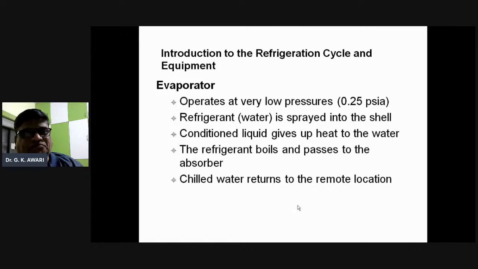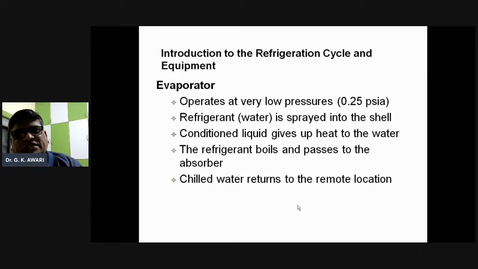The liquid refrigerant passes through the evaporator and absorbs the heat from the substance which is to be cooled. If it is an air conditioner, then the space is to be cooled, so it absorbs heat from the room, and then it goes to the compressor.